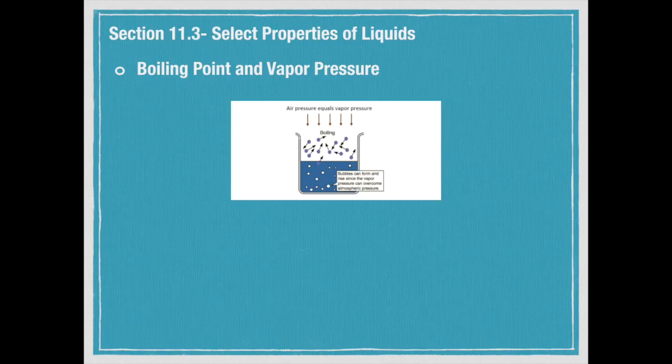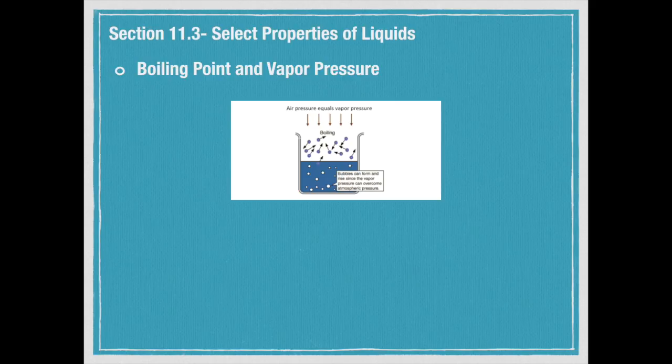So as a result, if you have a compound that has very weak intermolecular forces, it's going to boil at a much lower temperature, because it's much easier for its molecules to go into the gaseous form, and therefore it's not going to take that much heat to get that compound to boil.